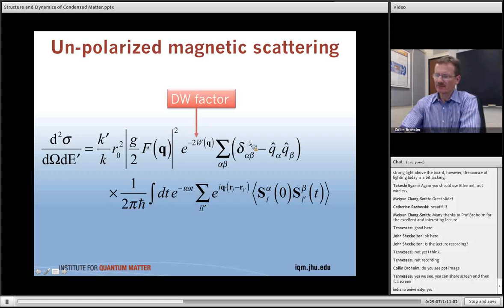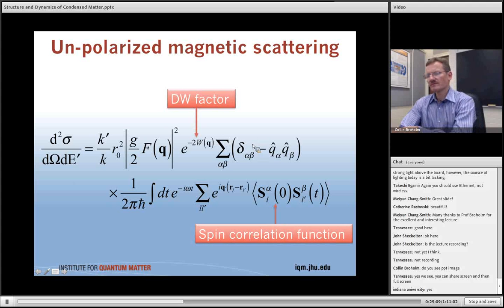I want to just point out the various terms. Again, the Debye-Waller factor, I mentioned that. The spin correlation function down here is almost the most important part of the entire expression. You remember that I've always said that we're measuring a two-point correlation function in time and space. And here you see indeed these two positions in space, L and L prime, show up.